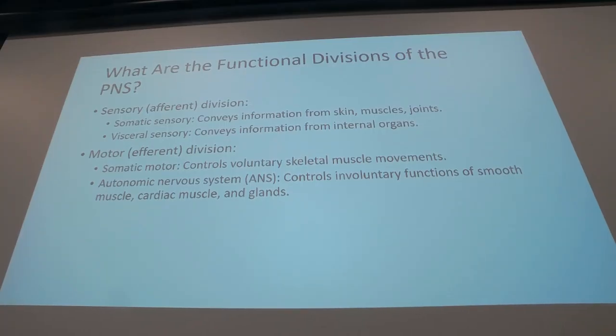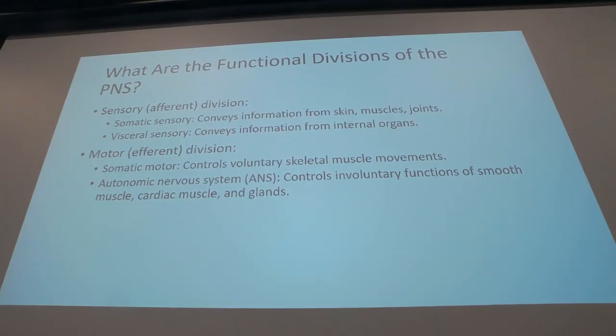Well, what is your heart rate? What is your blood pressure? What is your distension of internal organs, of the stomach, the large intestine, small intestine? So we have stretch receptors that send this information into the nervous system. So that's visceral. So visceral refers to internal organs.